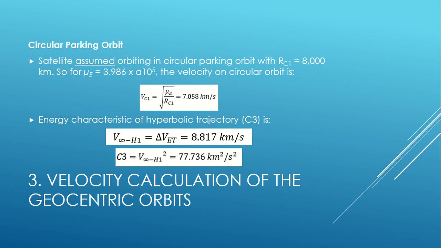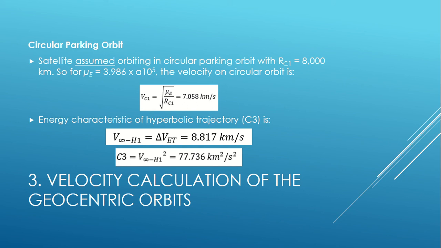And then the next step is we assume that the satellite is orbiting in a circular orbit. So before it goes on to reach Jupiter, it is parked in a circular orbit that we assume is 80,000 kilometers from Earth's center. So with mu Earth 3.986 times 10 to the power of 5, we get that the velocity of the satellite is 7.058 km per second.